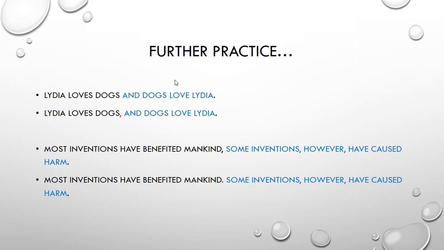Some inventions, however, have caused harm. So we have to analyze a run-on sentence and then we are going to decide what to do. If it needs to add a comma, if it needs to take out the comma and write down a period, if it needs to write down a comma and a conjunction. So we're gonna decide what to do.